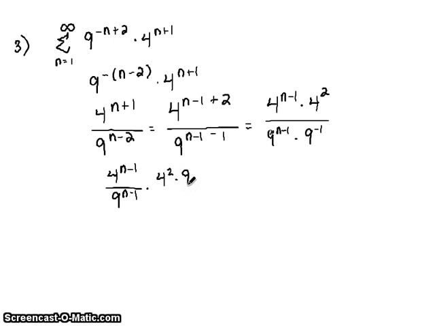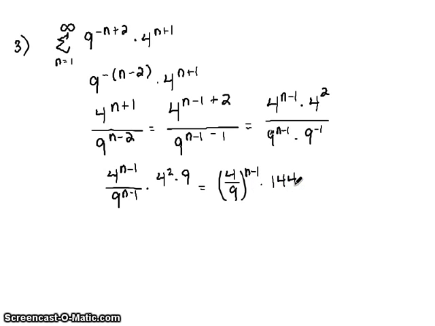Our negative 1 is going to bring this up top. Since we have the same exponent for our 4 and our 9, we can write this as 4/9 to the n minus 1 power times 144, because that's what 4 squared times 9 is going to be.